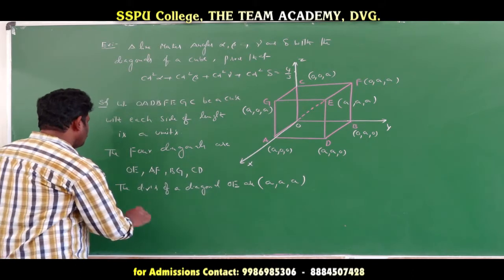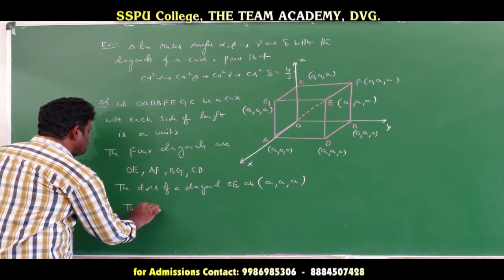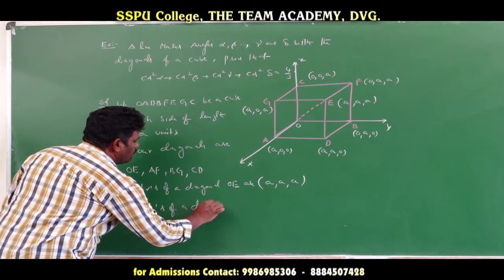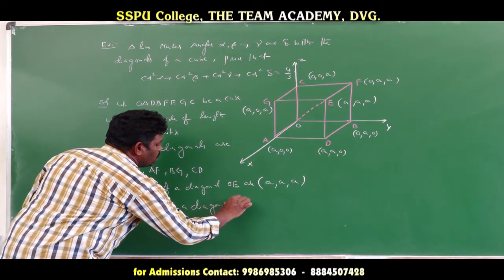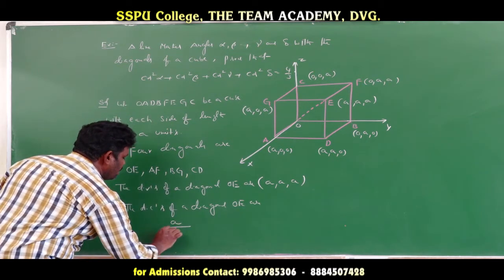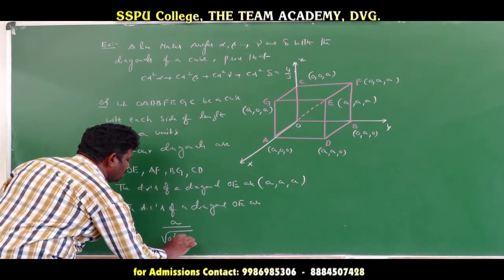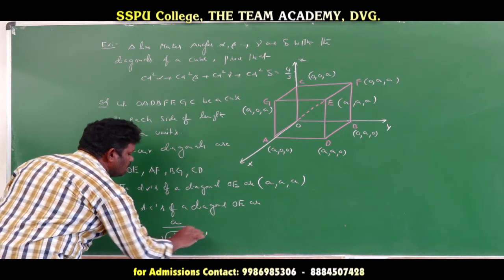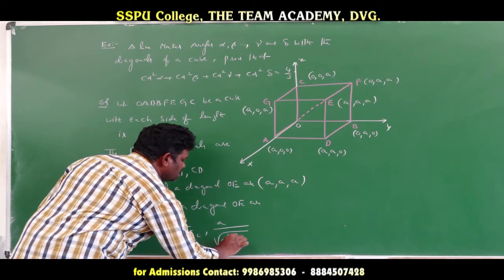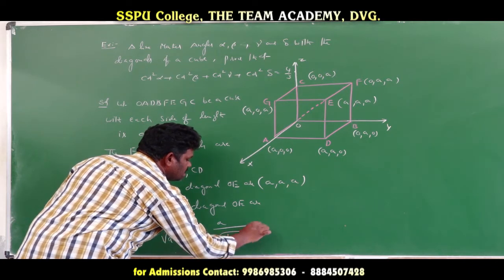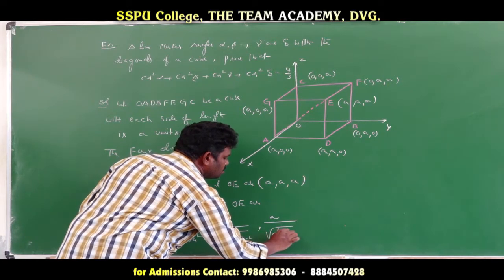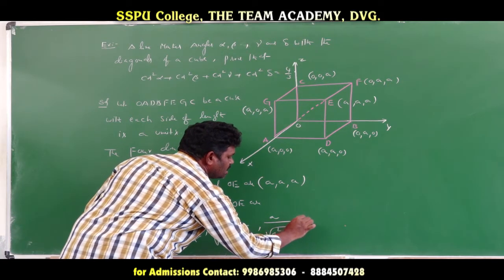Now the direction cosines of diagonal OE are a by square root of a square plus a square plus a square, again a by square root of a square plus a square plus a square, again a by square root of a square plus a square plus a square.